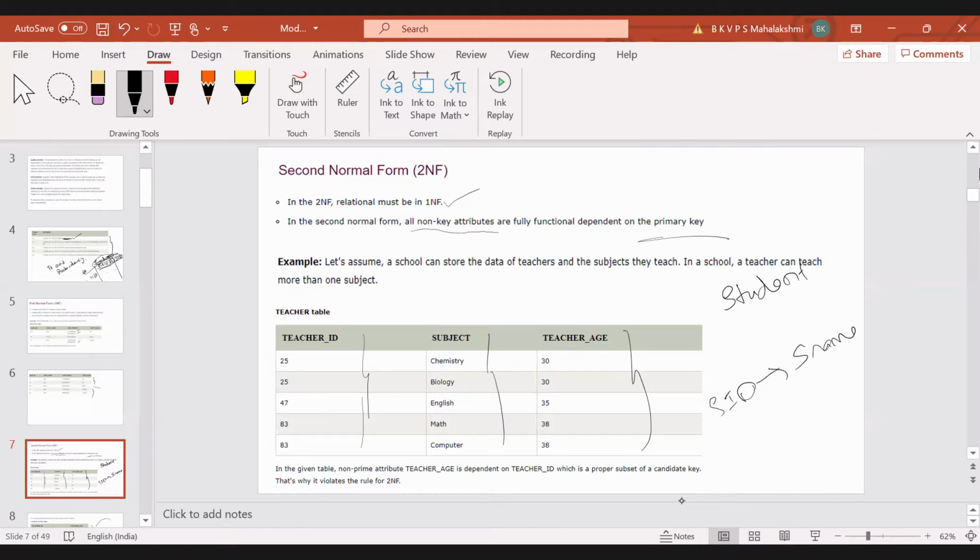If I take the student schema, it consists of SID, SName, SH.